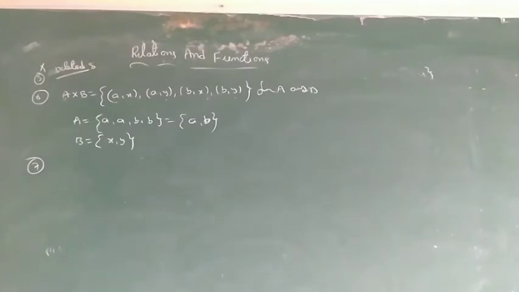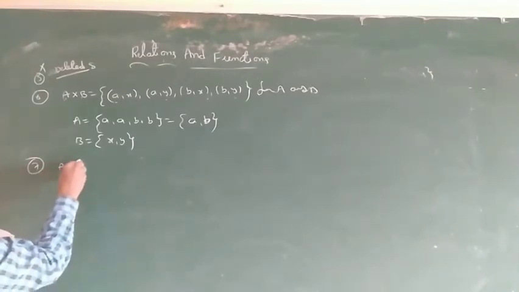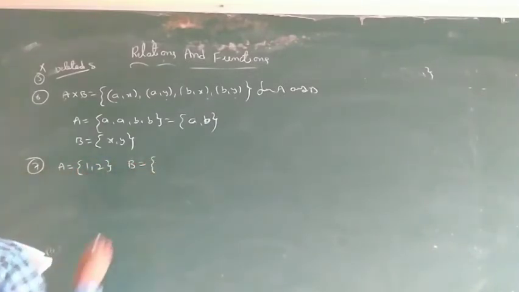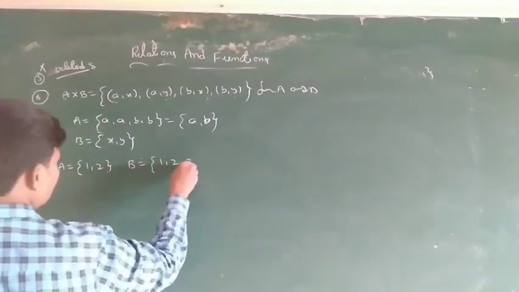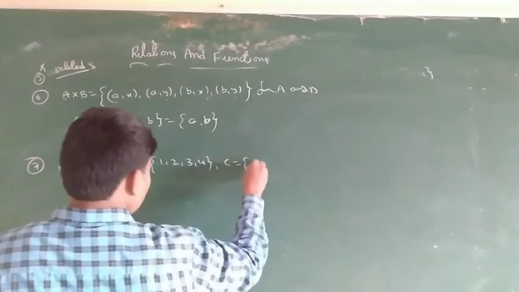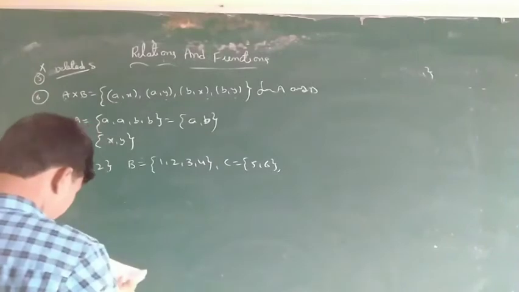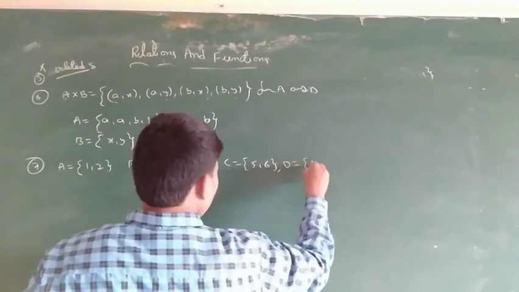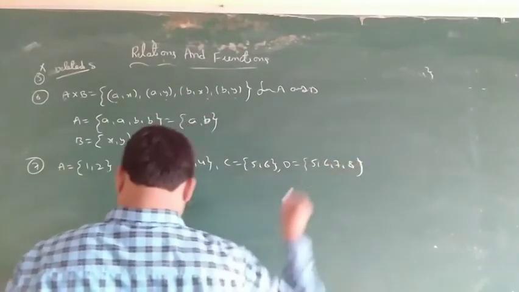This seventh one. Let A, B and C be given. A is equal to {1, 2}, B is equal to {1, 2, 3, 4}, C is equal to {5, 6}, D is equal to {5, 6, 7, 8}.